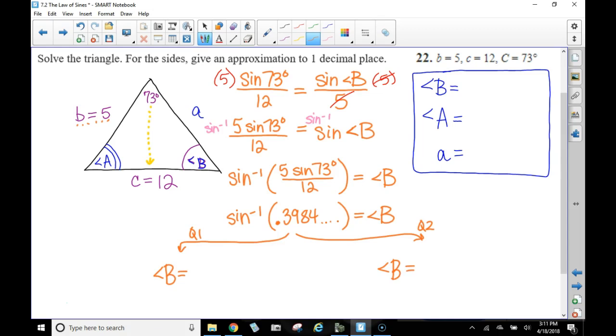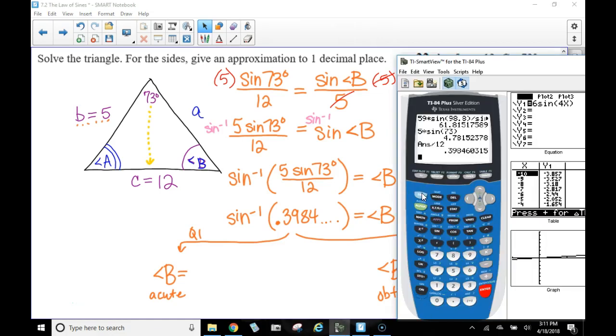Okay? If we have an acute triangle, and if we also have an obtuse triangle. Okay, we're going to see that. So, let's see what angle in quadrant 1 has a sine value of 0.3984. So I'm going to say what angle has a sine value of, so inverse sine of that last number.